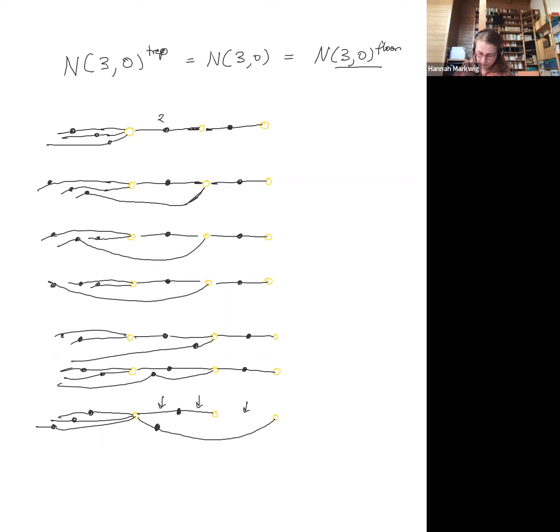Or it could be here. Or, and that's the final possibility, it could be that point.